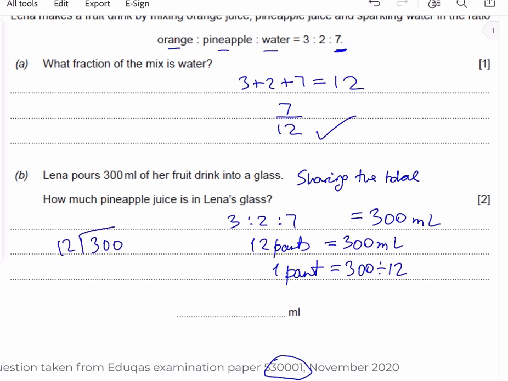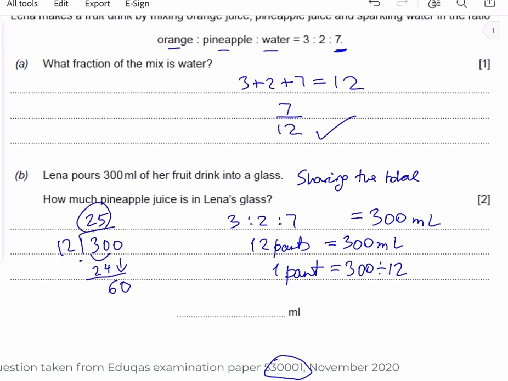So you can use the bus stop method and then work out this division. 12 into 30 goes 2 times, that's 24, and 6 is a remainder. So put the 0 down, got 60 there, 12 into 60 goes 5 times.